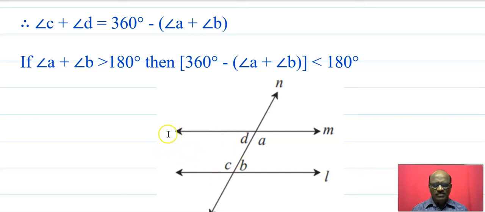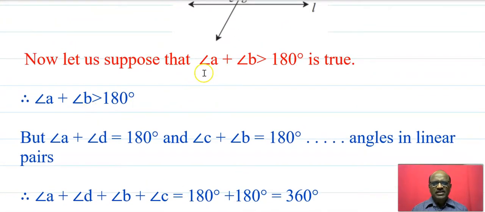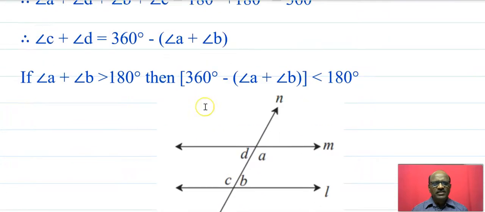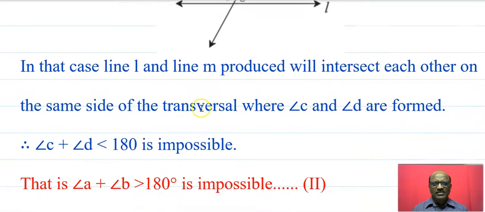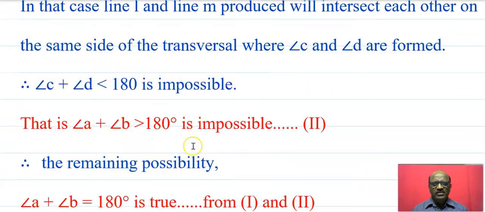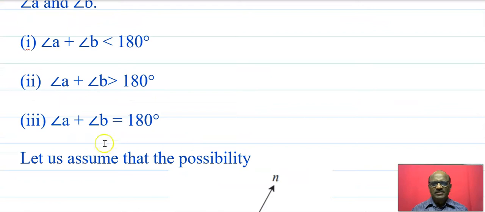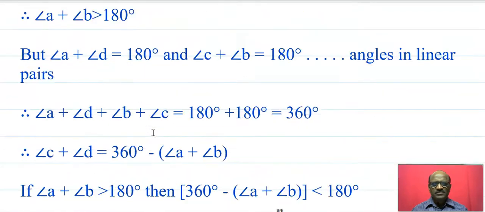But we are given that line L is parallel to line M. Therefore, our second assumption, that the measure of angle A plus the measure of angle B is greater than 180, is false. It is a contradiction and not possible. Therefore, the remaining possibility, that A plus B is equal to 180, is true.